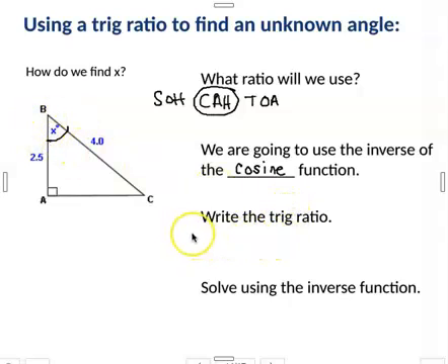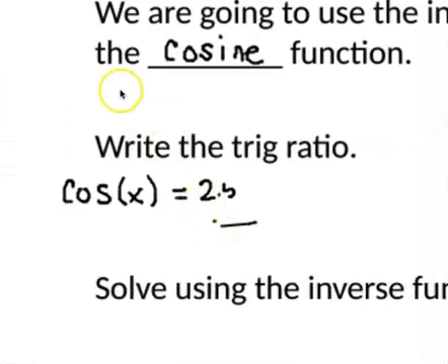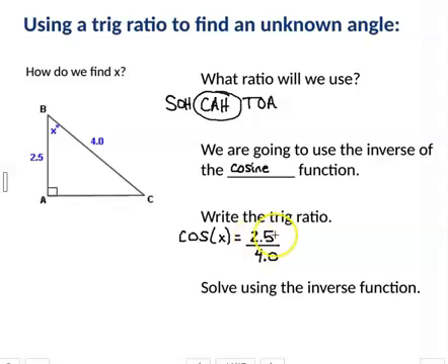So we're going to have cosine of the angle, which we don't know, equals the adjacent side, which is 2.5, over the hypotenuse, which is 4.0. And in order to solve, remember, since we're finding an angle measurement, we have to use the inverse function.